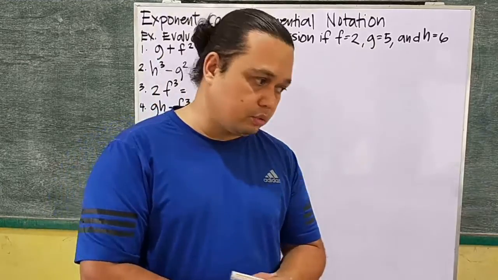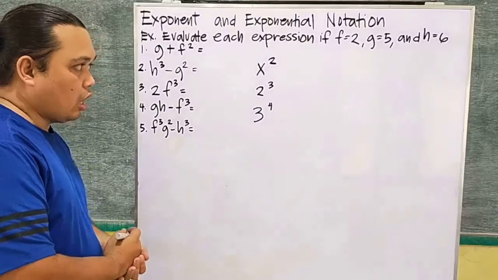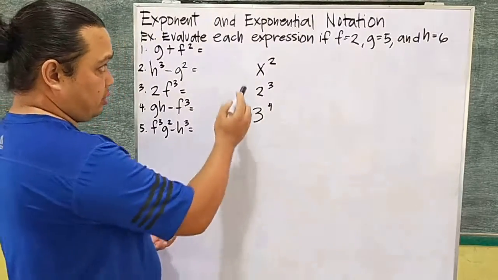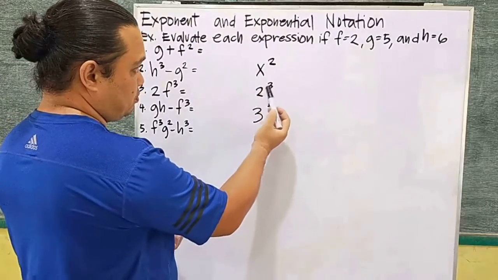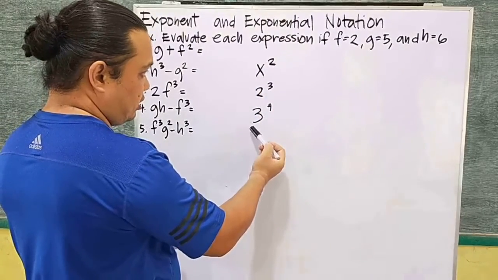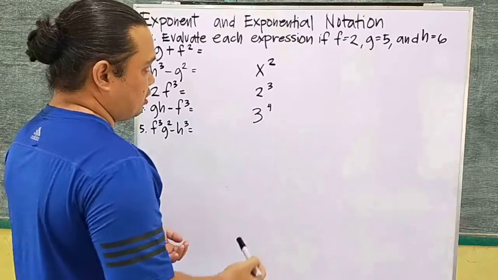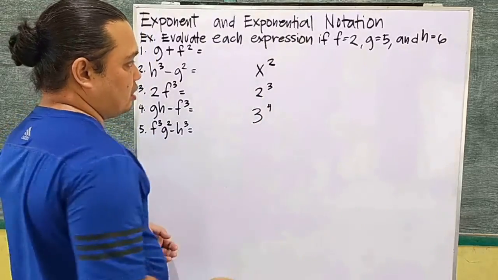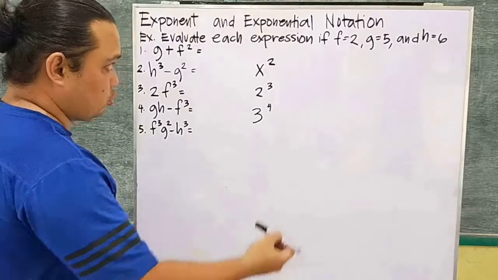Now, here on the board, we have an example of an exponential notation. x squared, 2 cubed, 3 raised to the power of 4. Each of these is an example of an exponential notation.